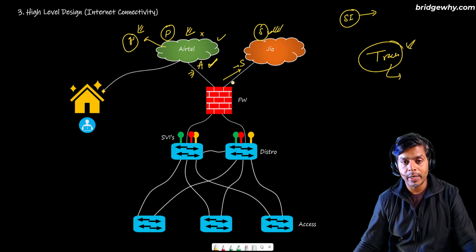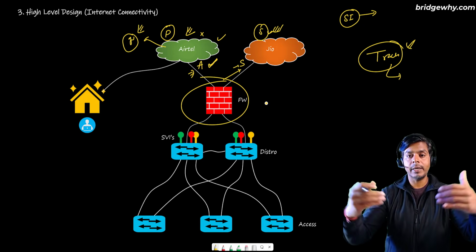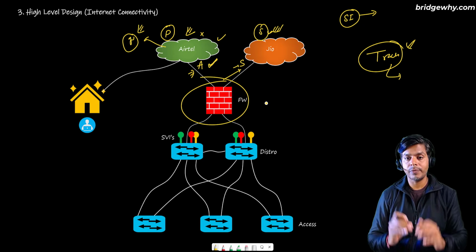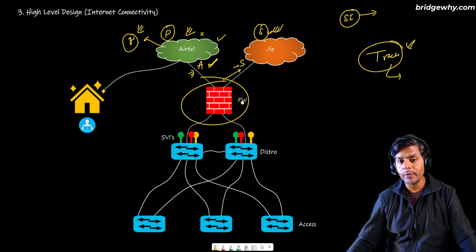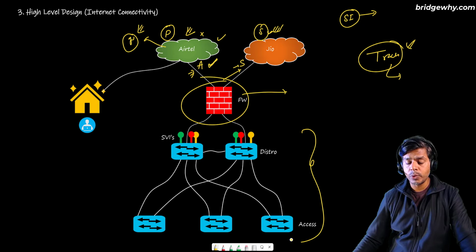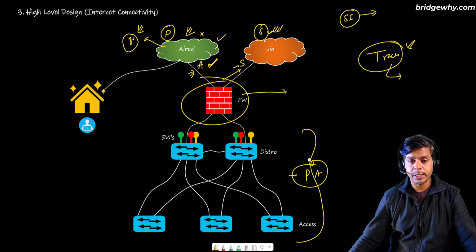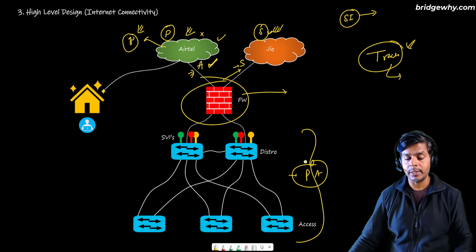Why a firewall here? Whatever is coming from Airtel or Jio, I have connected the connections into a firewall, right? This firewall is doing two different things. First thing first, we all know my current network is built on private addressing. There must be somebody who is going to convert this private addressing to public addressing, right?